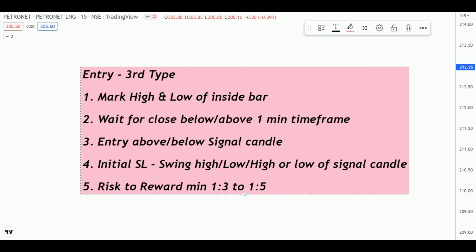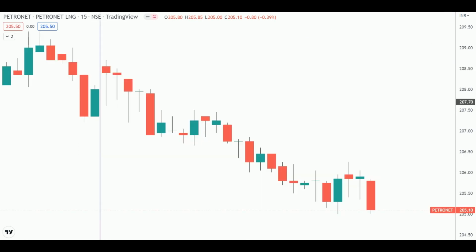So entry type three will have different elements in it. We will look at one element at a time. So the first element is to mark the high and low of the inside bar. In this case, this is the mother candle and this is the inside bar or inside candle.